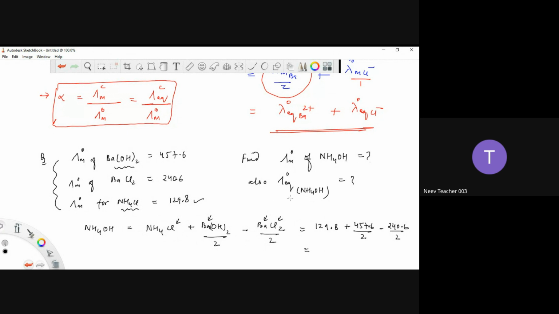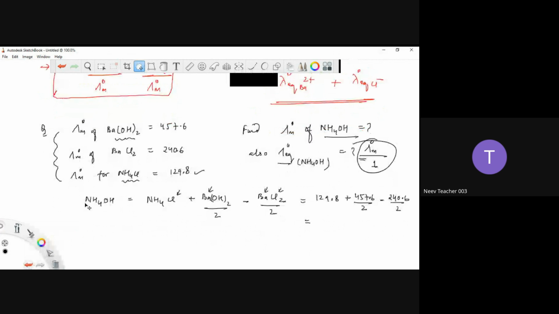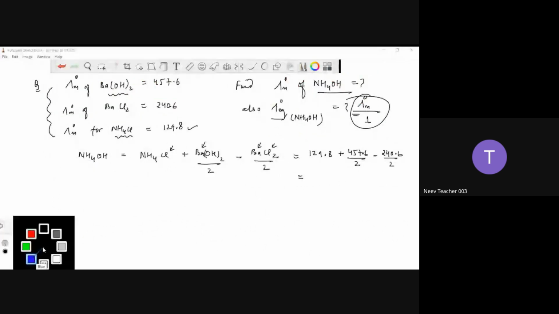And the lambda equivalent will be lambda m naught divided by n factor. The n factor of this one is 1, so the lambda equivalent of this will be equal to lambda m naught of this only. Get it? Correct? Yes or no?